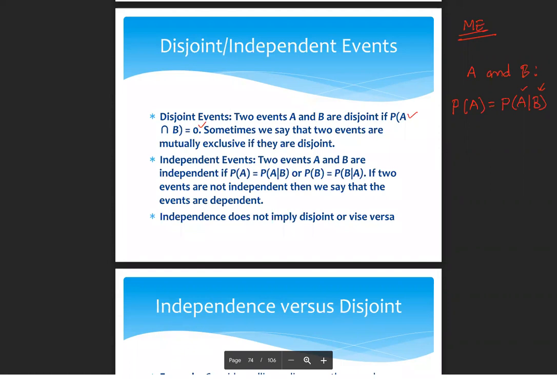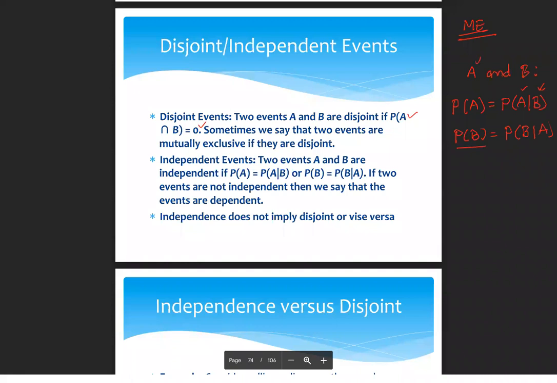Or we could define it the other way too. Probability of B is the same as the probability of B given that event A has happened. It doesn't matter whether event A has happened or not, the probability of B is not changing, all right?